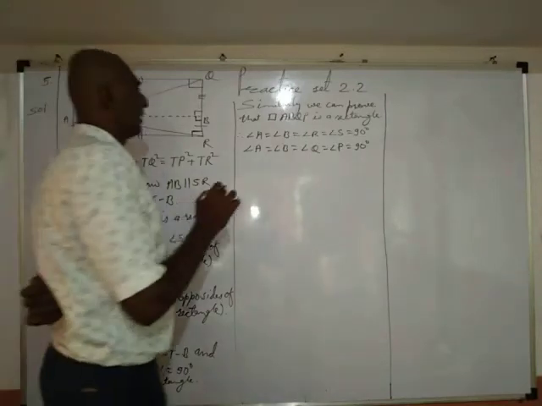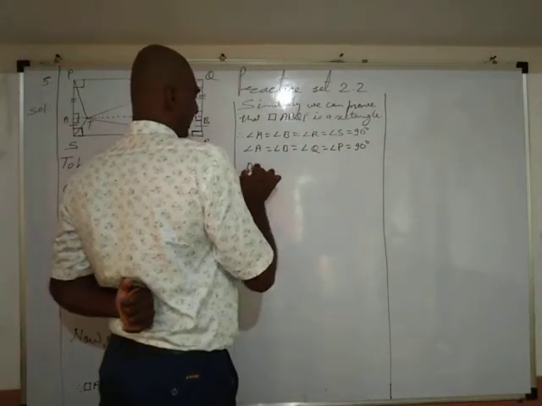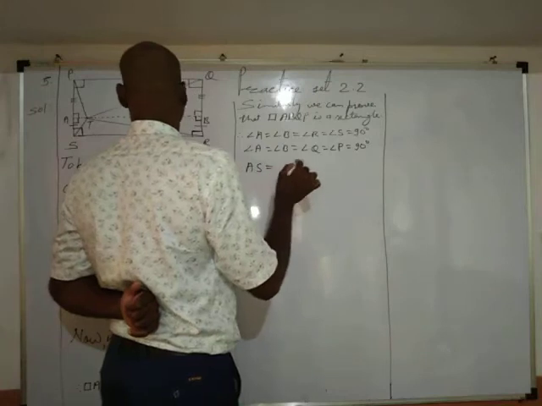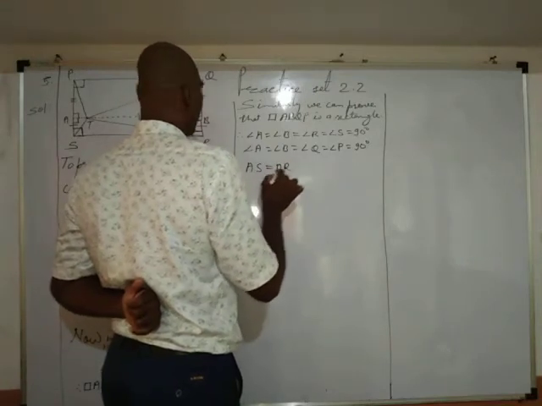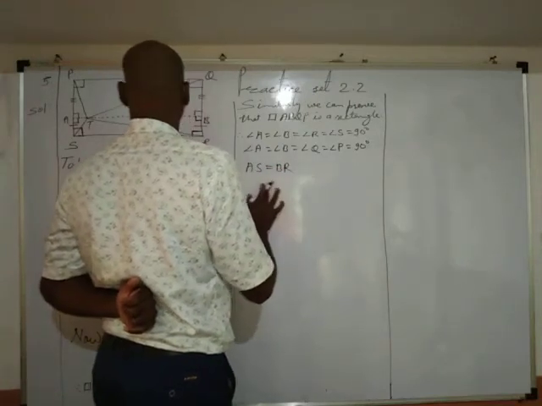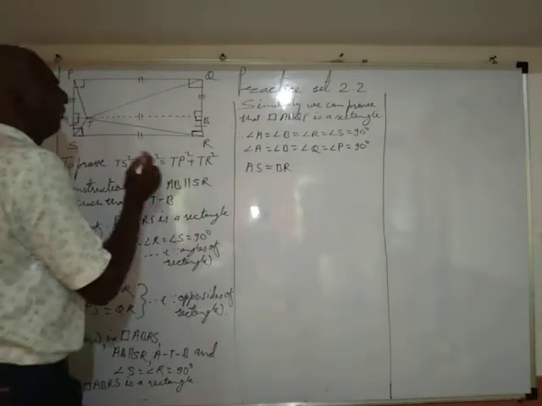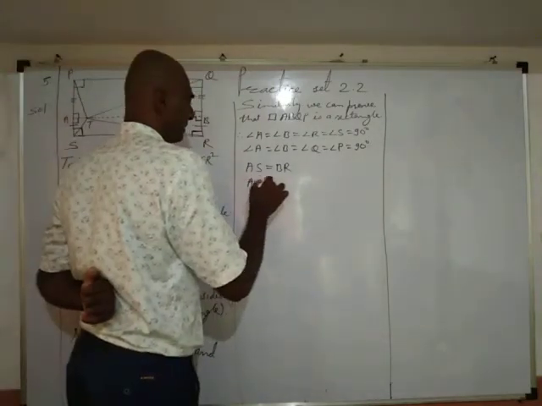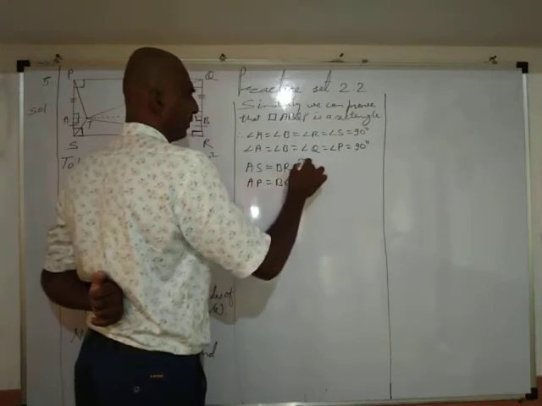Okay, let's mention here AS equals BR, then AP equals BQ.